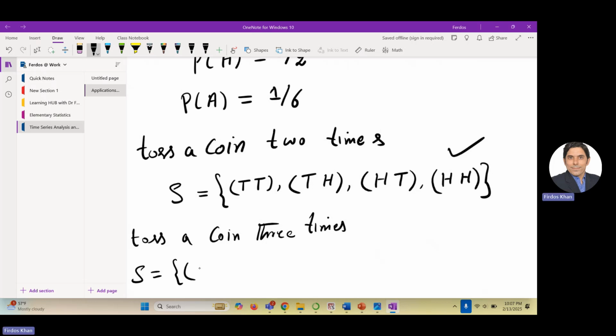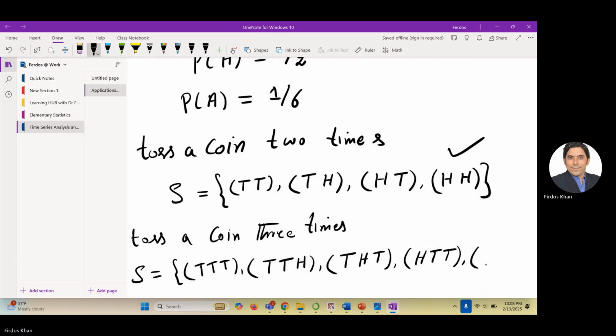outcomes. That can be 3 tails on the first, the second, and the third, and then maybe tail on the first and second and head on the third, and then tail on the first, head on the second, and tail on the third, and then head on the first, tail on the second and third, and then 1 tail and 2 heads.